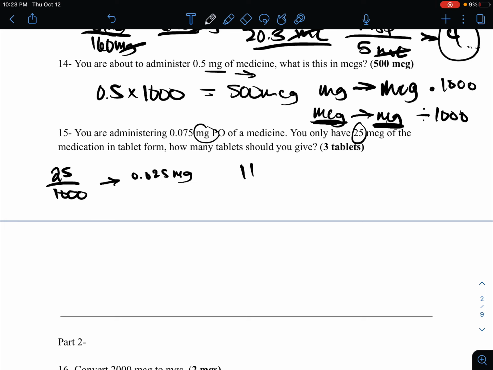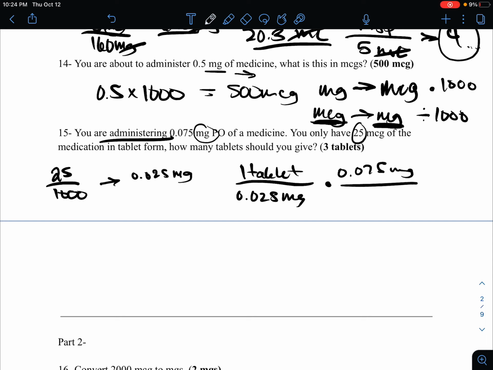So you do 1 tablet over 0.025 milligrams, times 0.075, because what you are administering, or what the doctor orders, always goes second, milligrams right here over just 1 for a placeholder. So we get the milligrams to cancel out and we're left with tablets. When you do the math, 0.075 divided by 0.025 is going to be 3 tablets.